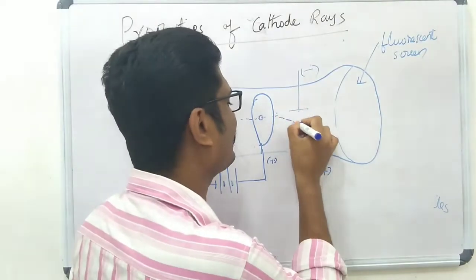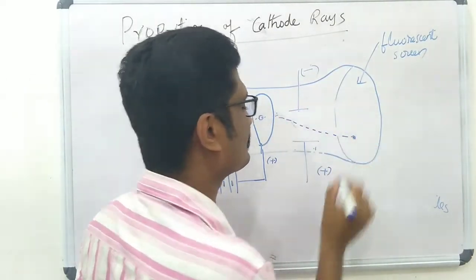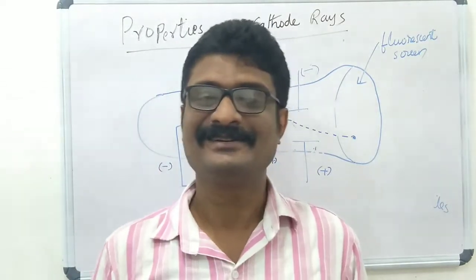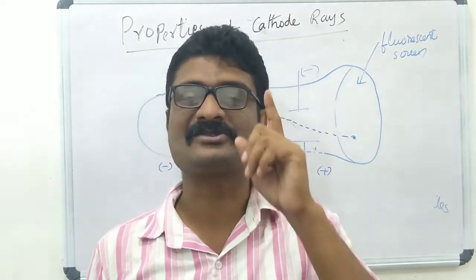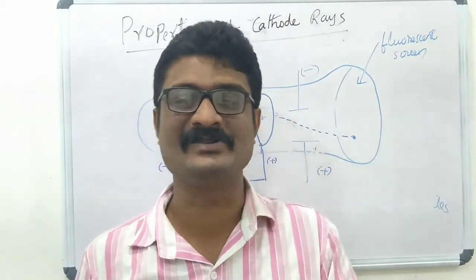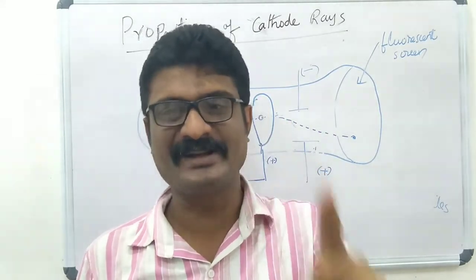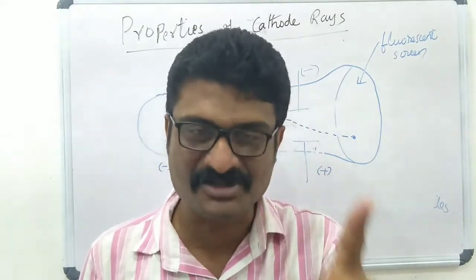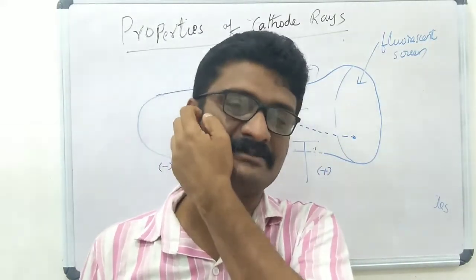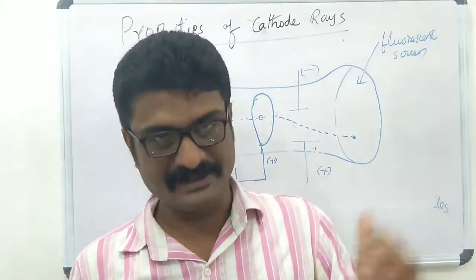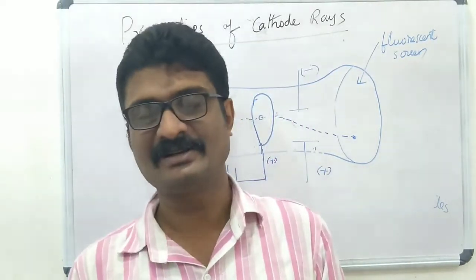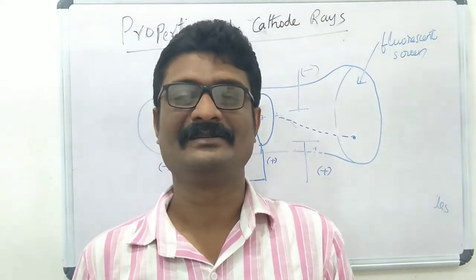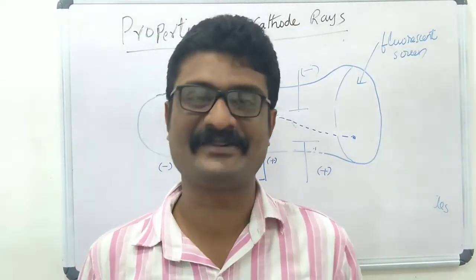This indicates that the particles of cathode rays carry negative charge. Cathode rays consist of negatively charged particles. These negatively charged particles are deflected towards the positive field when we apply electric field.